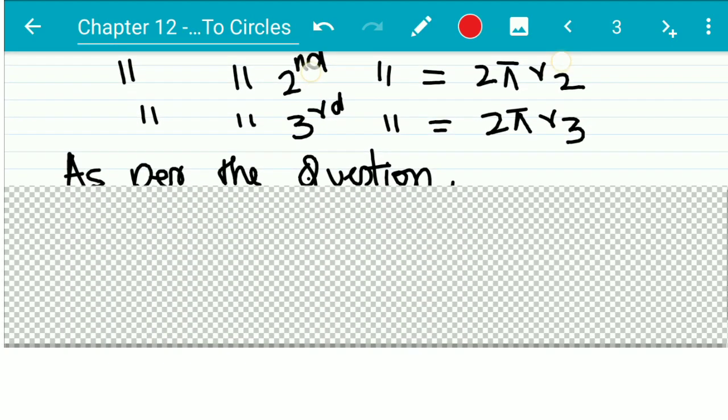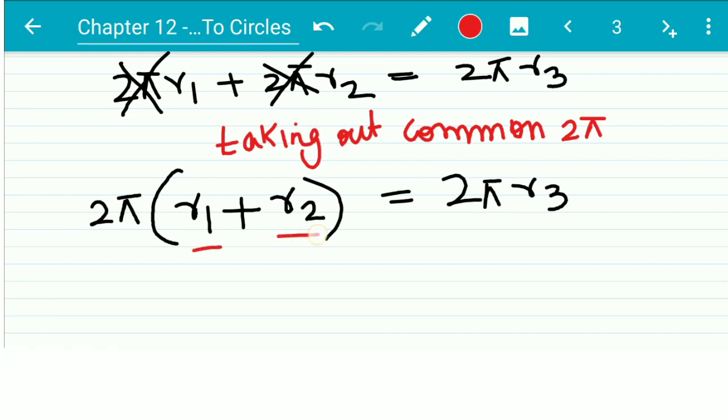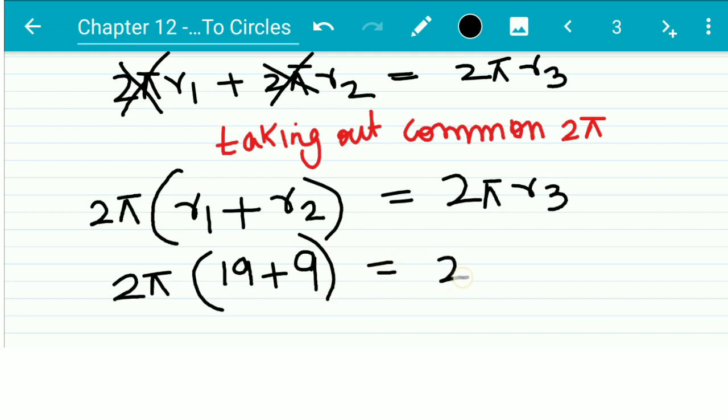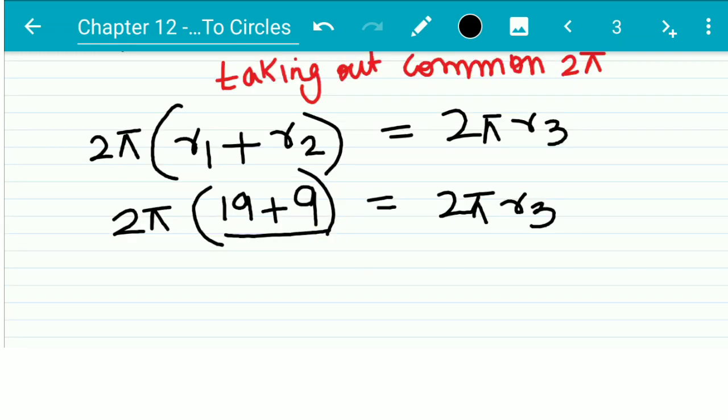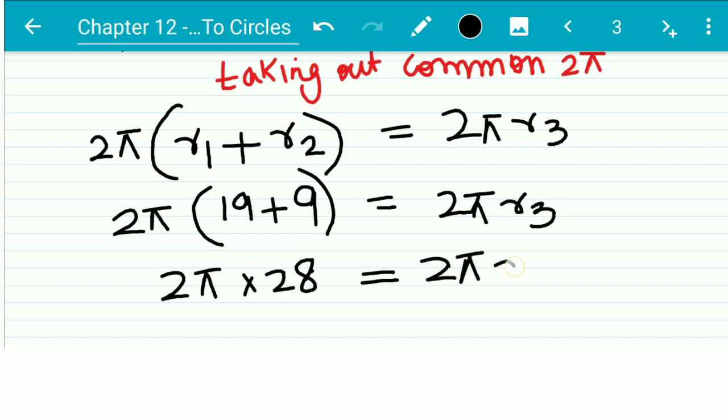So now we'll substitute those values of r1 and r2 here. Now 2 pi, open the bracket, r1 is 19 plus r2 is 9, equal to 2 pi r3. Now what is 19 plus 9? 28. So it will be 2 pi into 28 equal to 2 pi into r3.